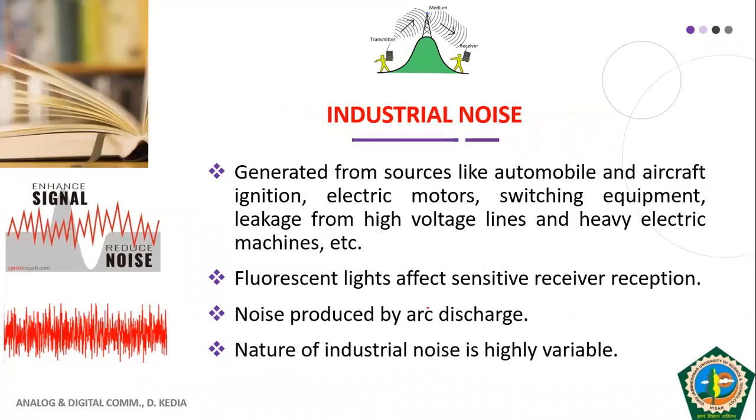Next is industrial noise. As I told you in atmospheric noise, we are mainly concerned with electrical kinds of noise. The same applies to industrial noise. We have sound pollution, or noise related to sound also, but we are not concerned with that. We are mainly concerned with electrically natured noise.